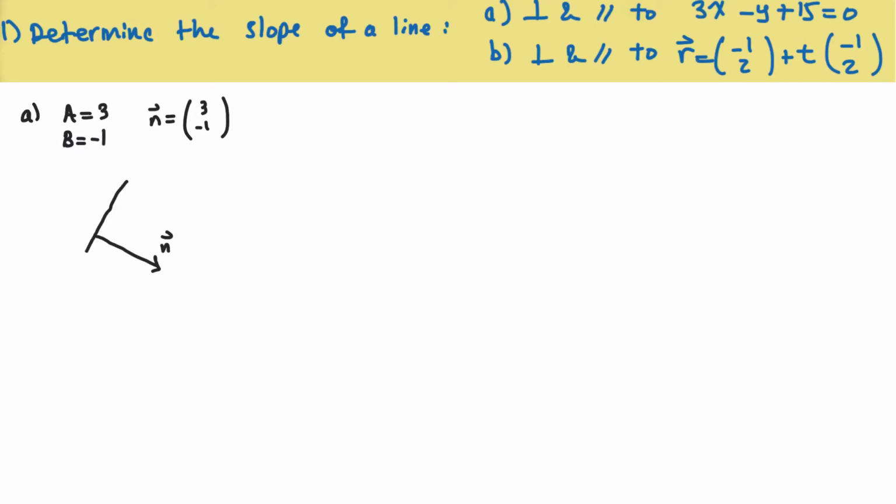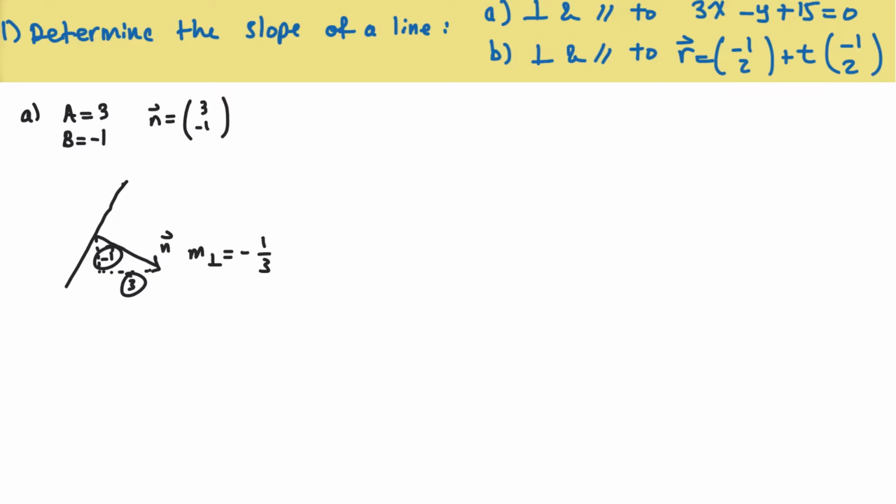So that means our line is kind of going like this. And since these are the two components, 3 and negative 1, the slope which is perpendicular to the line here is going to be rise over run, which is negative 1 over 3.